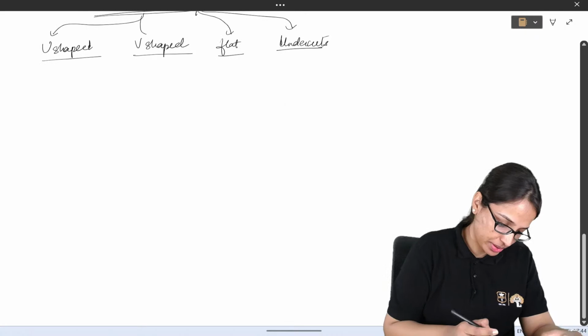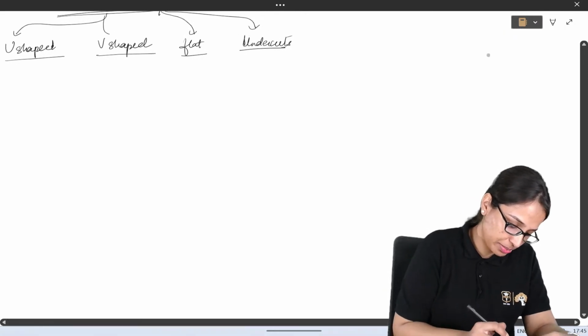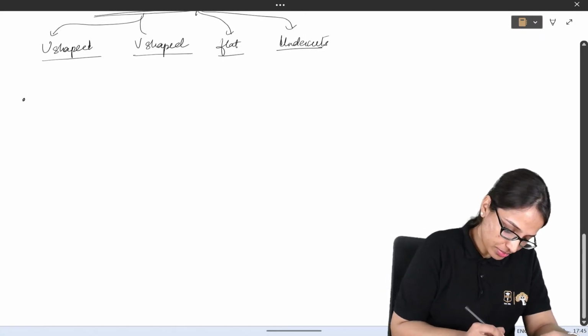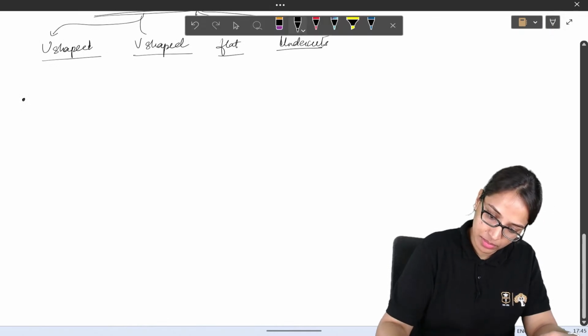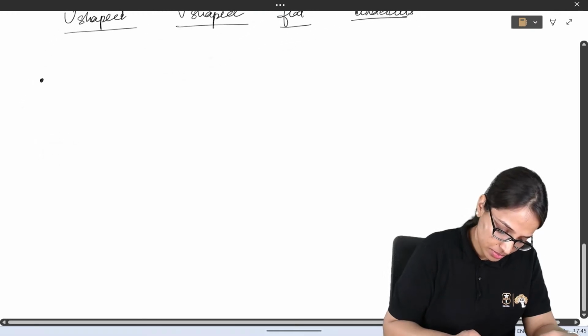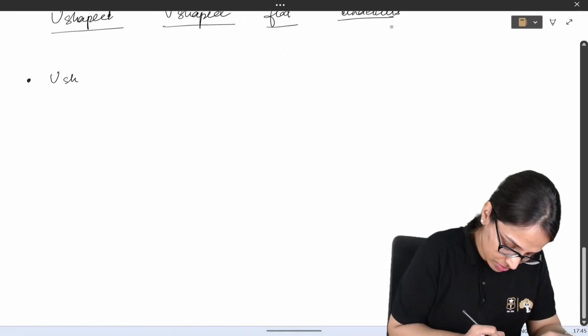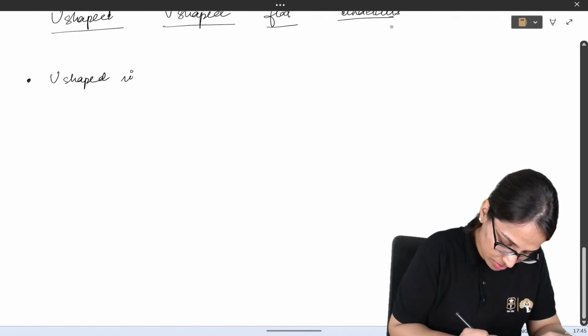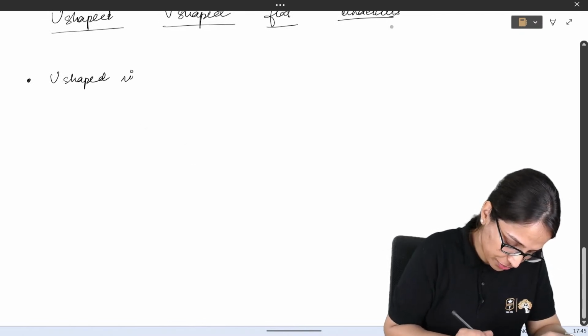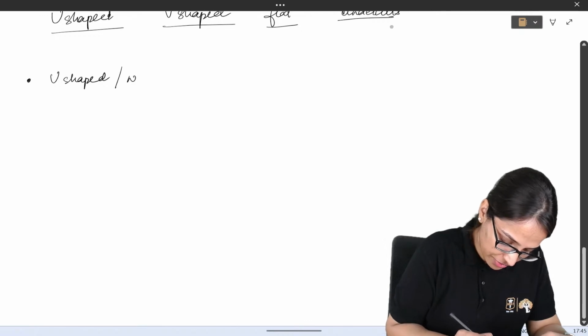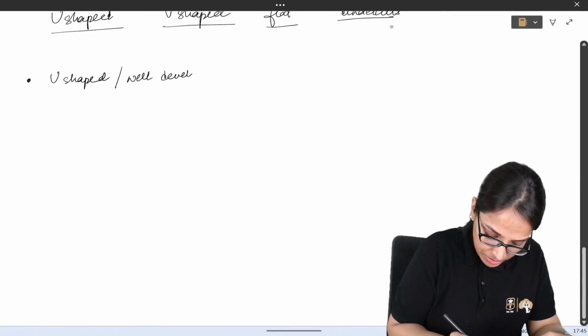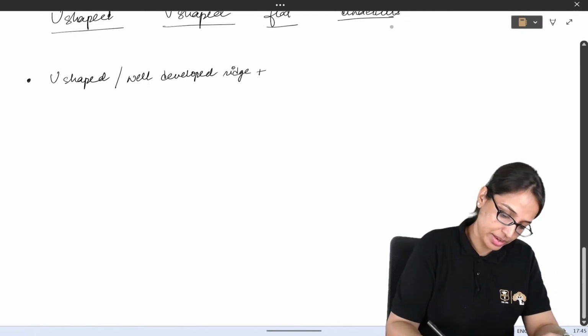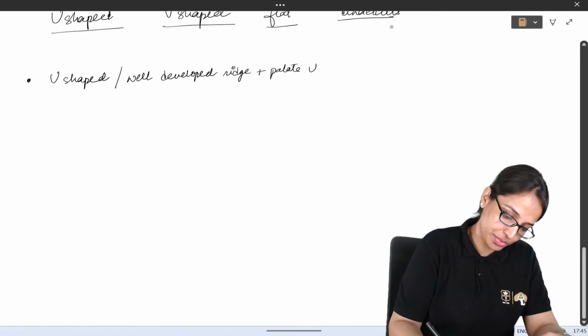So a U-shaped ridge would mainly be a well-developed ridge, which will have a palate which is U-shaped and a moderate vault.